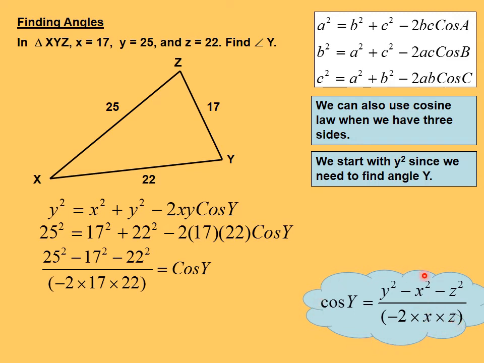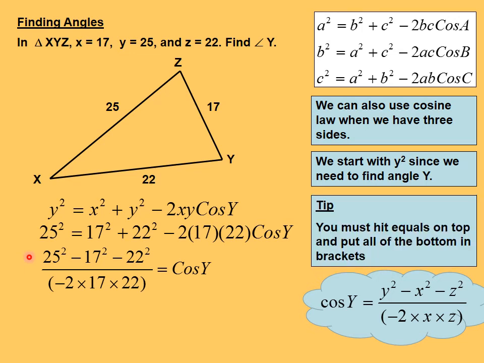So you can memorize it this way. Some people like to have that. Whatever angle you're asked to find, you start with that, y squared minus the square of the other two sides divided by negative 2 times the last two things that you wrote. That's another little trick if you like it that way.